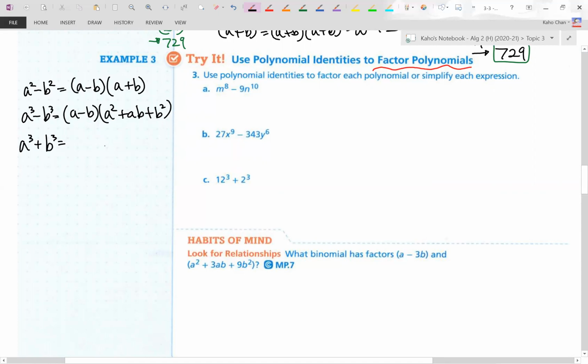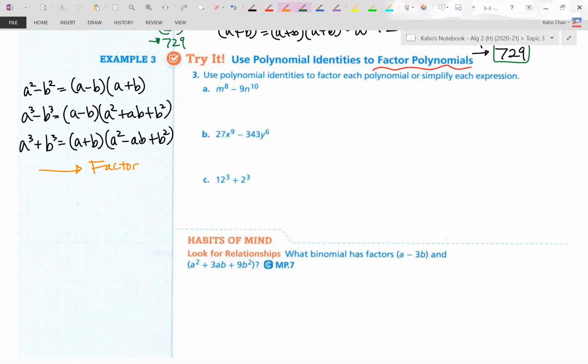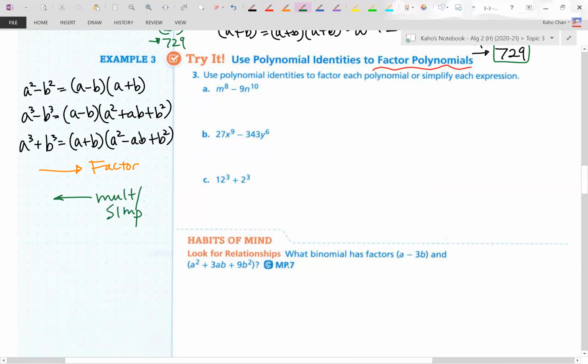This example involves factoring, so I'm writing the patterns for factoring. Okay, these are factoring ones, going this way. Going in the other direction is just multiplication or simplifying. Just to show you, okay?